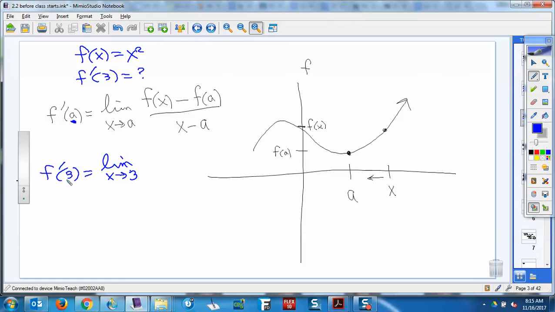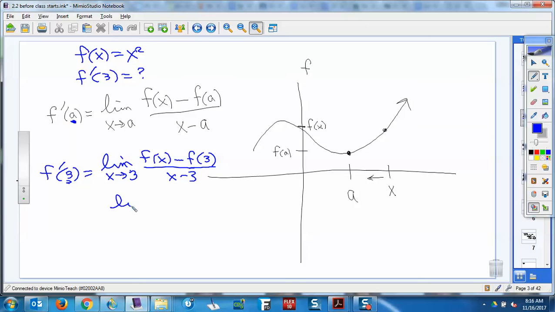A is that number right in there. So a is 3. F of x minus f of 3 all over x minus 3.